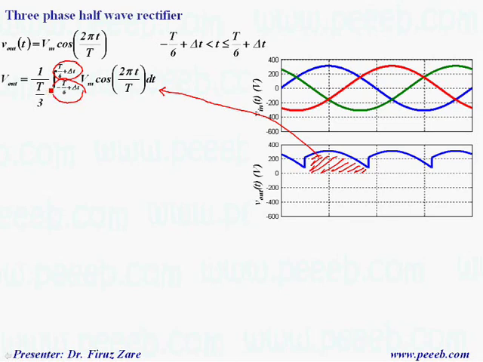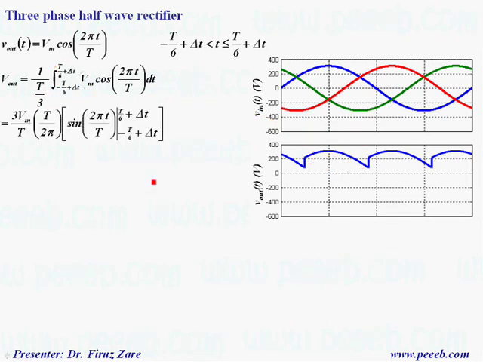and over one cycle, which in this case is T over 3. So we can find the answer for cosine, if this is alpha, or another variable like a.